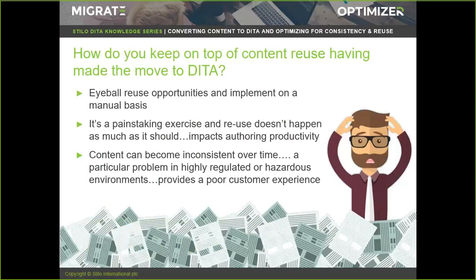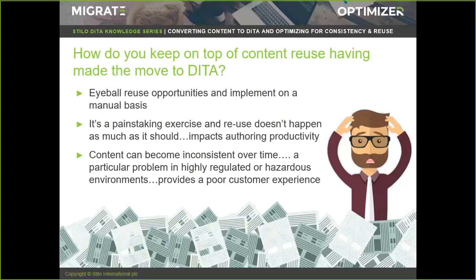So it's a particular problem in highly regulated or hazardous environments. It provides potentially a poor customer experience if customers are coming into your portal to search on various things and they get half a dozen instances of the same topic. That can be very frustrating. So it is a problem.